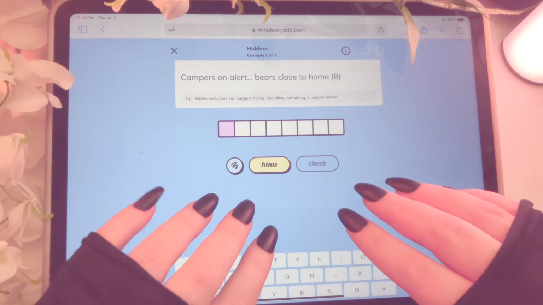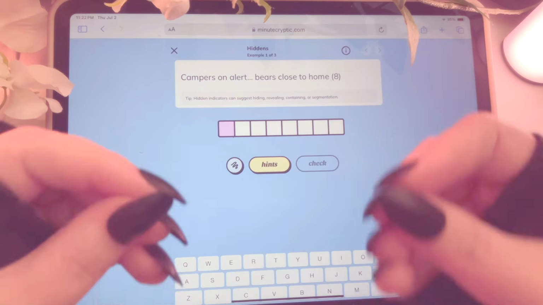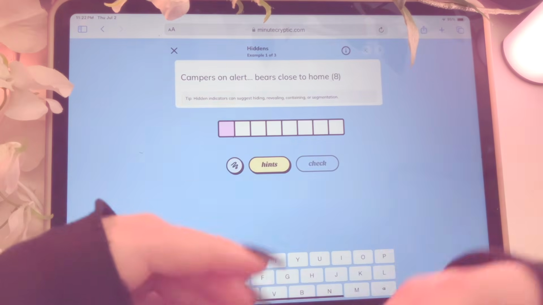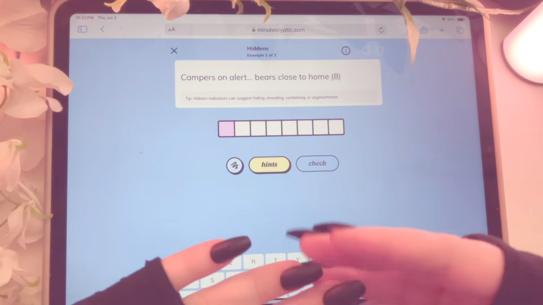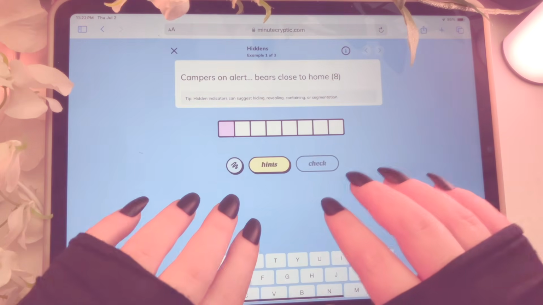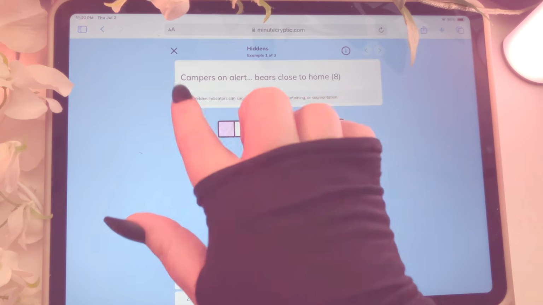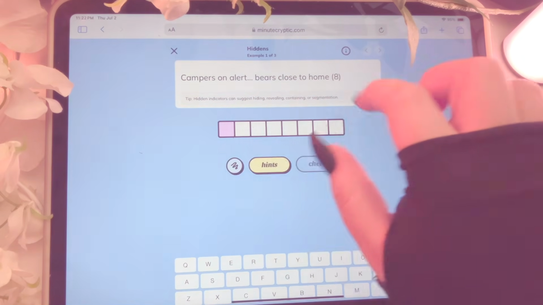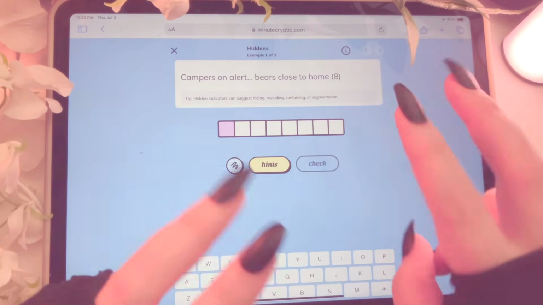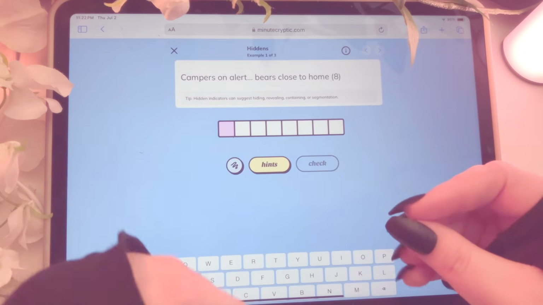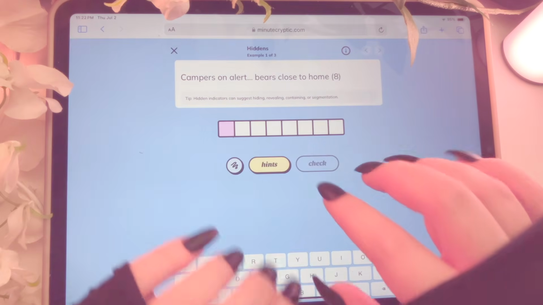Not in terms of the animal of a bear, but rather a bear like having a crossed bear, like you know what I mean, in terms of carries in it or with it. So I think the first word here, campers on alert, or at least on alert. No, probably all of it. Campers on alert will bear or contain in it close to home. Something meaning close to home.